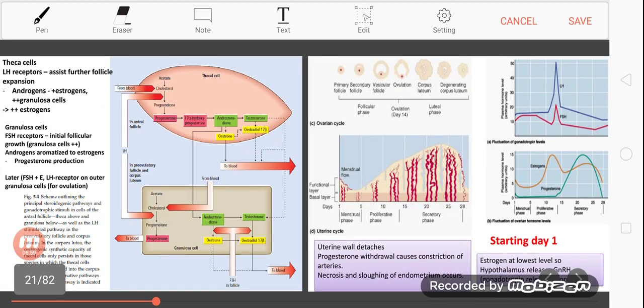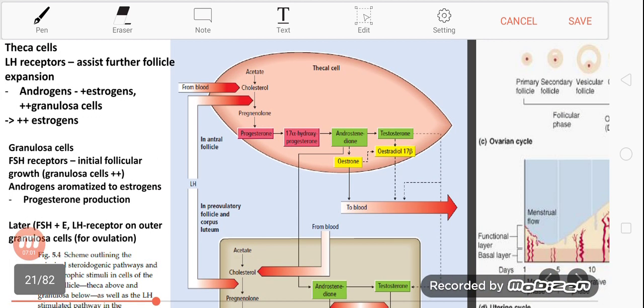Theca cells have LH receptors. So LH will bind to theca cells, and once bound, it will assist further follicle expansion, meaning multiple layers of granulosa cells and theca cells.